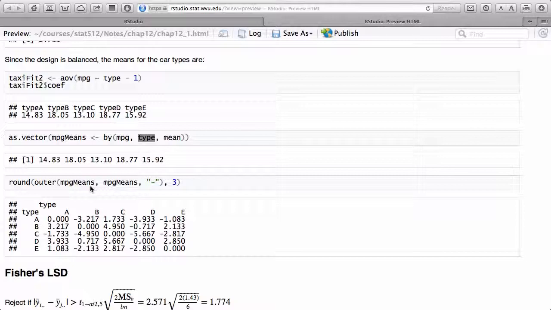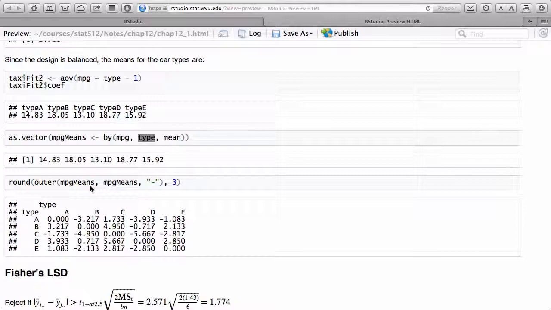What the outer product is going to do is get all pairs. But in this case, I'm going to take differences of pairs. If I had an asterisk there, it would get products of pairs, but I'm not interested in that. I'm interested in all pairs. So if I'm doing pairwise comparison, I get all pairwise differences, right? So that outer product is one way of doing it, and I'm just rounding off to 3 decimal places. And so those are the differences.